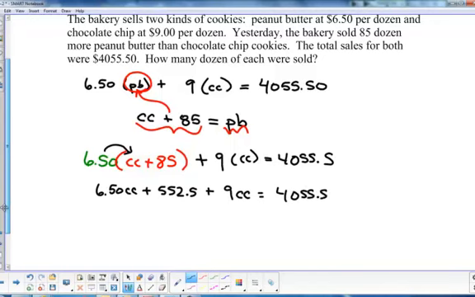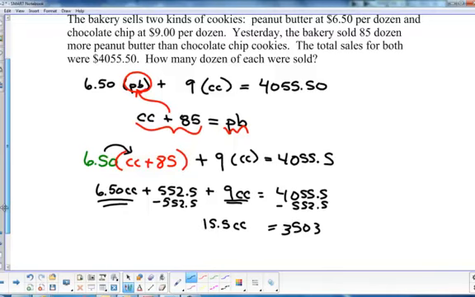So, I'm going to subtract that $552.50 with a calculator, and I'm getting 3,503 equaling, and then I'm going to put my like terms together. 9 plus $6.50 is $15.50.